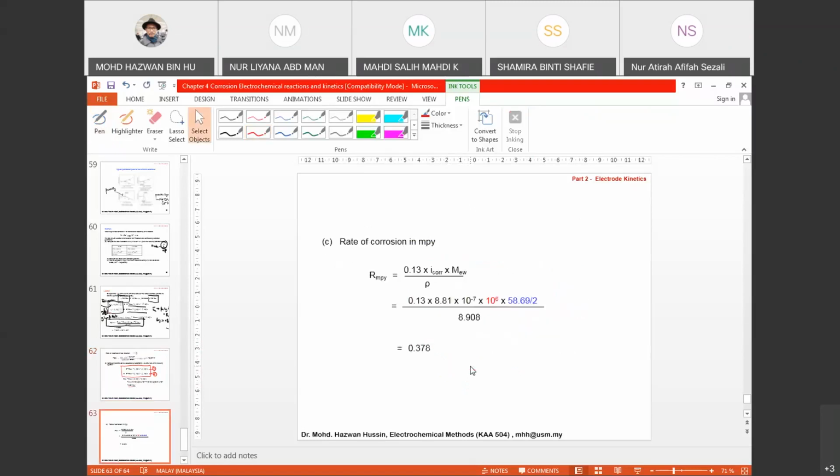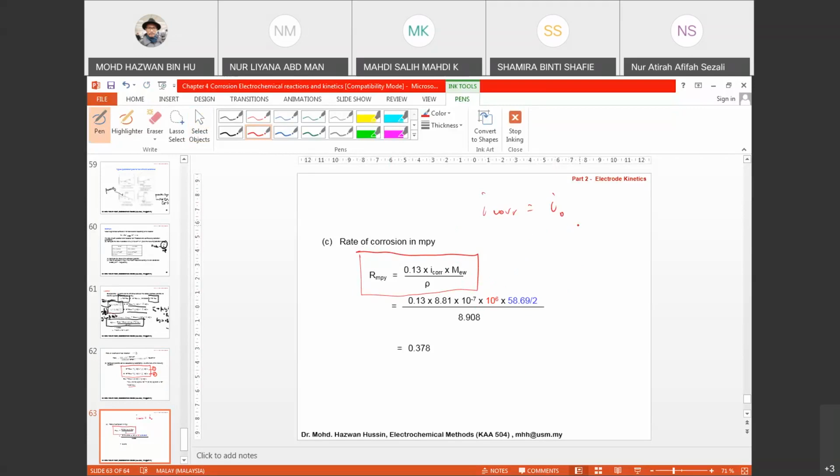And finally, the last question is on the corrosion rate. This formula we have seen earlier in the previous chapter, chapter 3, I guess. The corrosion rate is equal to 0.13 multiplied with i corr multiplied with equivalent weight over density. So i corr is equal to the exchange current density i naught.